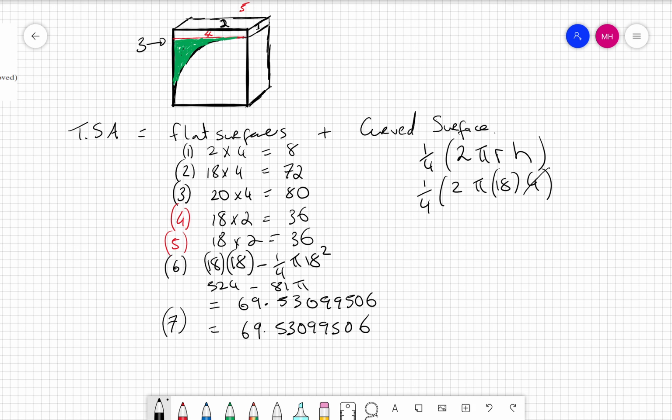So the 4s cancel, 2 18s, that's giving us 36 pi. That's our curved surface area. We have to add that on. We'll call that area 8, and that is 36 pi.